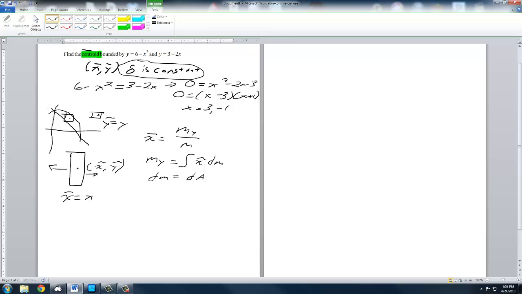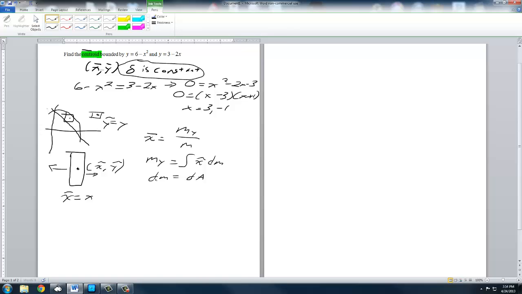But our rectangle is going up and down, moving from side to side, so x tilde would be x. All right, so let's move on.